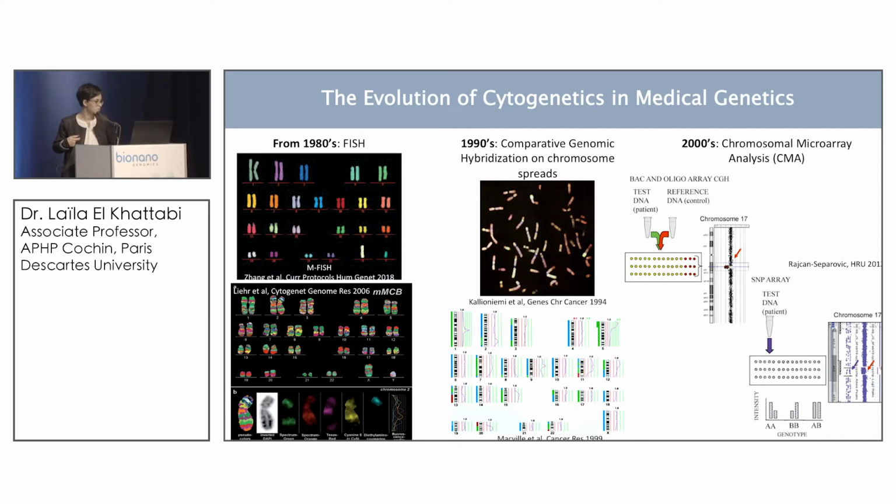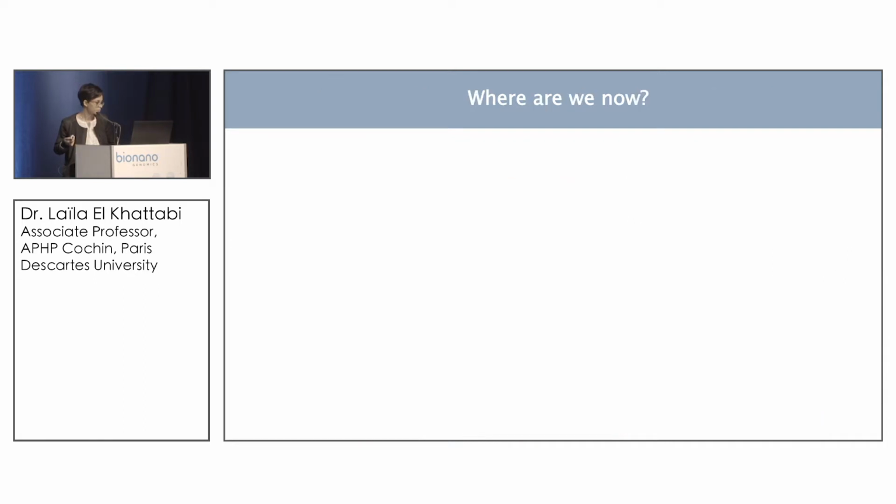At least they do not deliver enough information for us. Then, starting from the 80s, there was a revolution of molecular cytogenetics with hybridization, comparative genomic hybridization and DNA microarray as well. This led to a real improvement of the diagnostic yield.